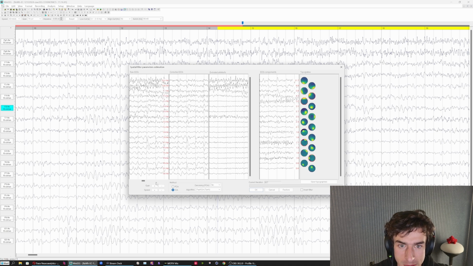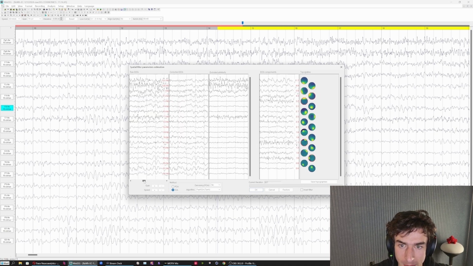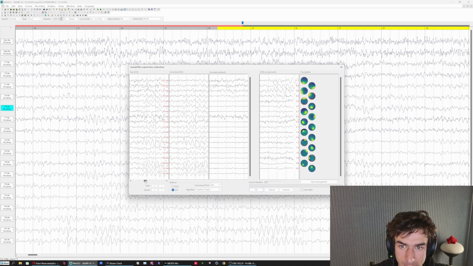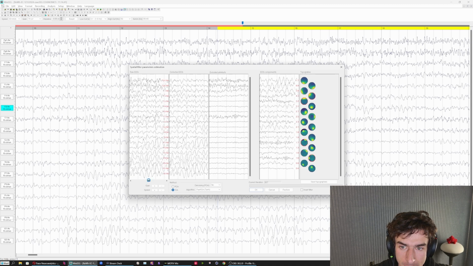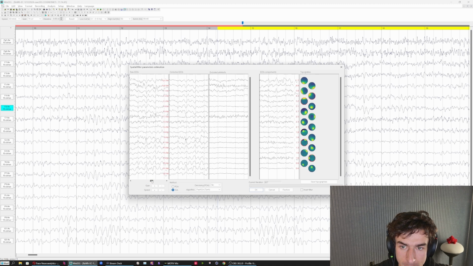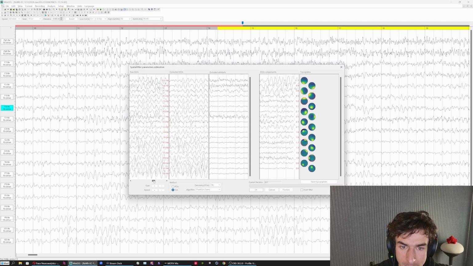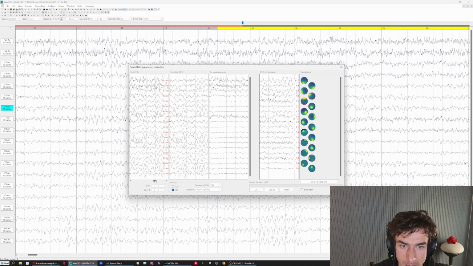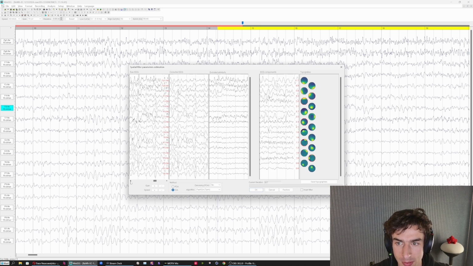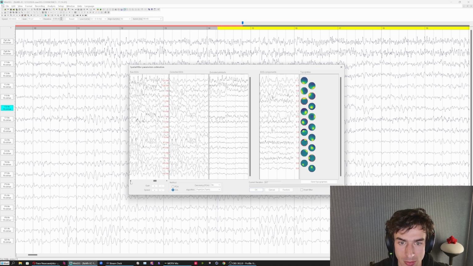And already this looks cleaner than what we were just able to get out. C3 has this buzz in it as well, which is not uncommon given the location of those jaw muscles.